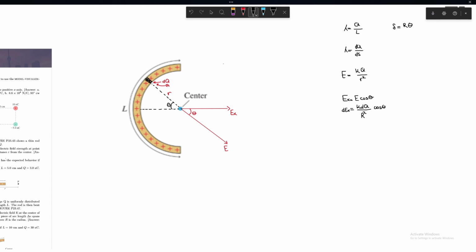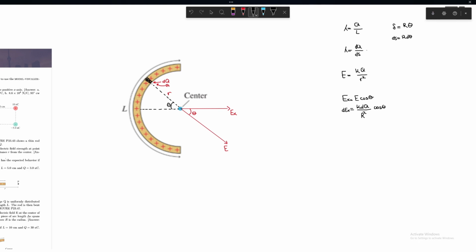But since we're accounting for only a small piece of ds, then I can turn this into ds equals R d theta, a small amount of d theta as well. The radius is constant, stays the same. So now that we also accounted for our theta here, okay, well, what's my dq?